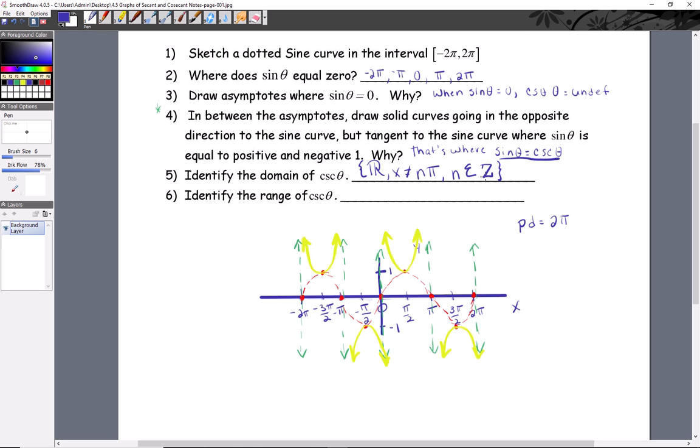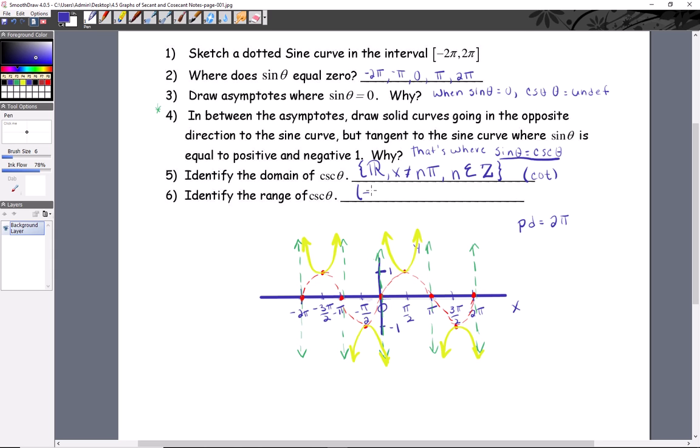And if you look really closely and think about that, that is the same domain as cotangent. So if you know cotangent, you can apply it to cosecant. Now the range for cosecant is negative infinity up to here, and then there's this big empty space, and then it picks back up at 1 and keeps going.